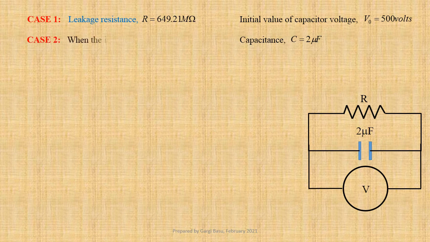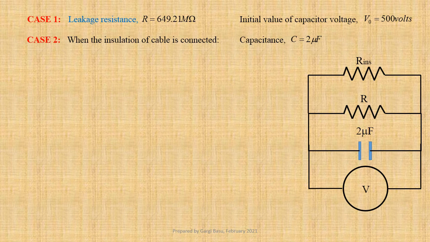When the insulation of a cable, R ins, is connected across the charged capacitor, capacitor voltage falls to V1 equals 250 volts in T2 equals 10 minutes. That is equal to 10 into 60, which gives us 600 seconds.